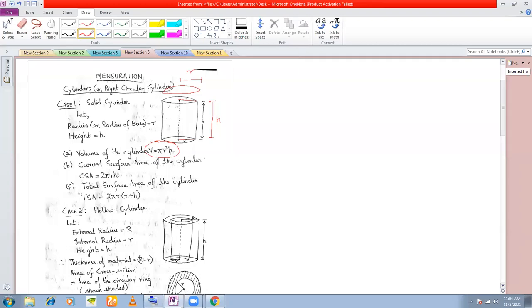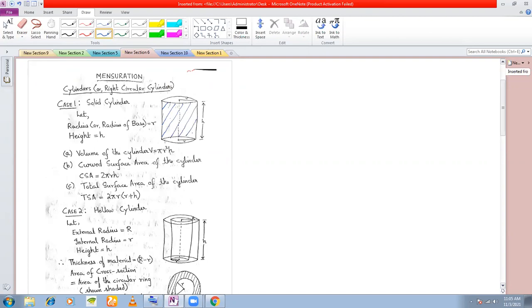Okay, now what about the curved surface area? What do you mean by the curved surface area? The entire surface area of the cylinder consists of two parts. The curved surface area, that is the rounded part, and the circular top and bottom that you have. In the context of this figure, your curved surface area will only be the area of this part.